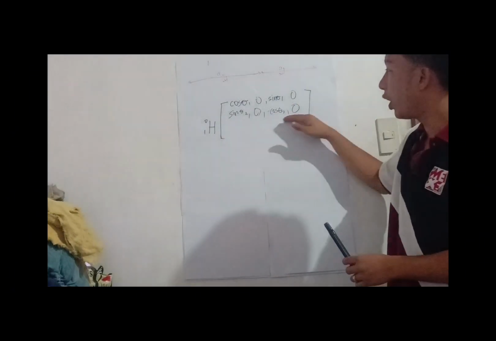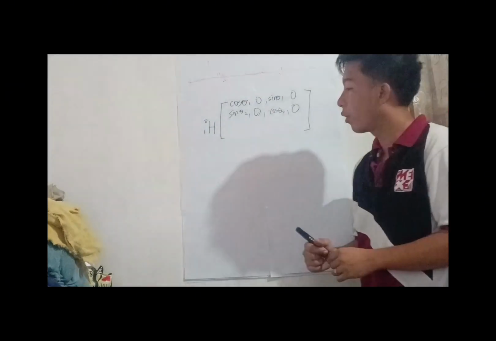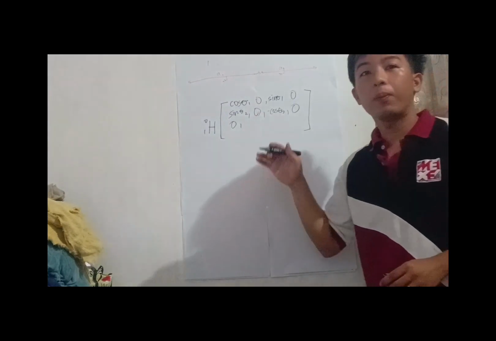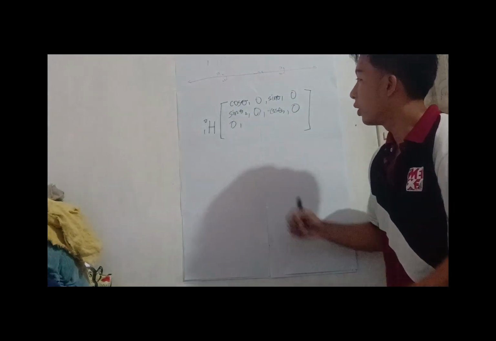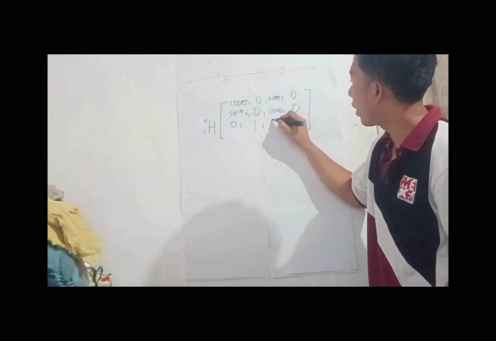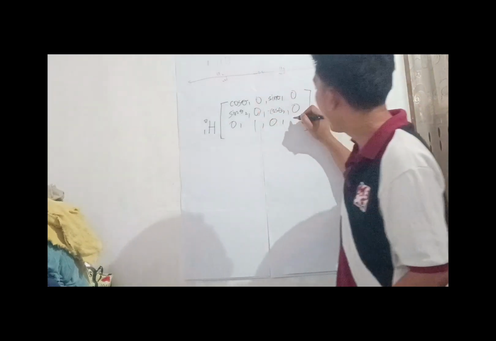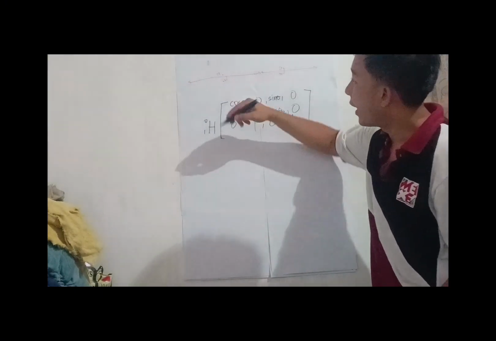So, the third column will be 0 because there's no rotation between the manipulator. So, this is 1 and 0 and A1, the first link length.